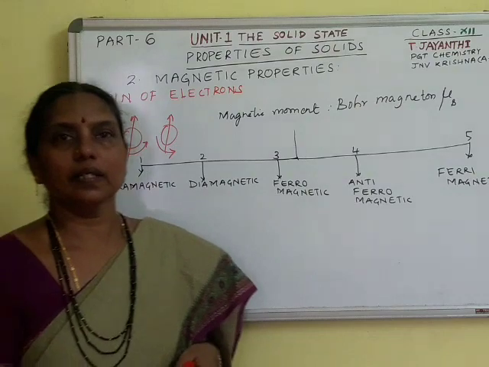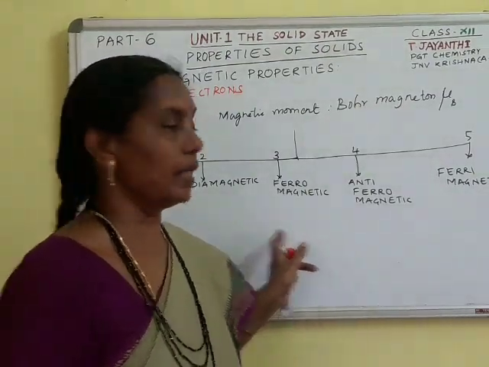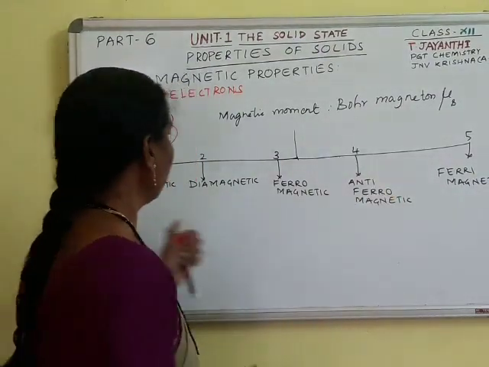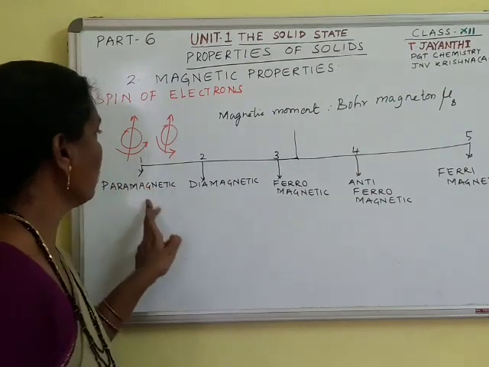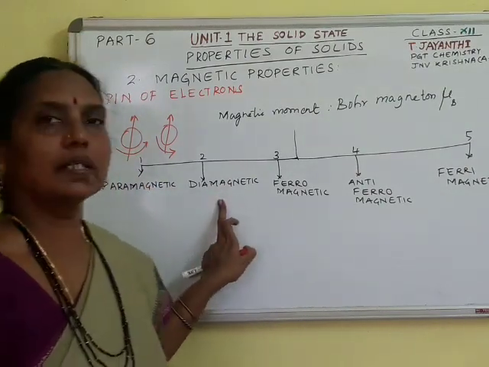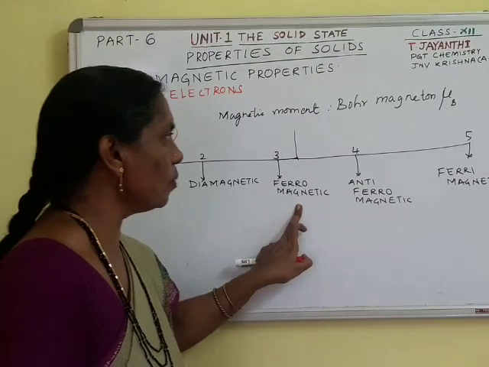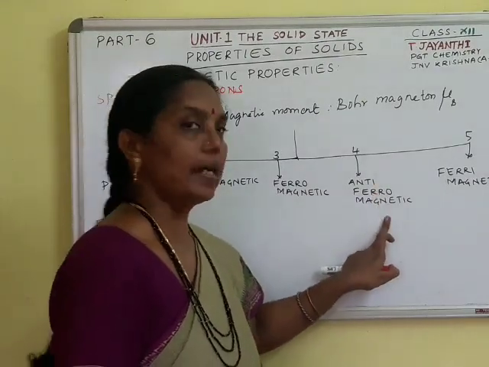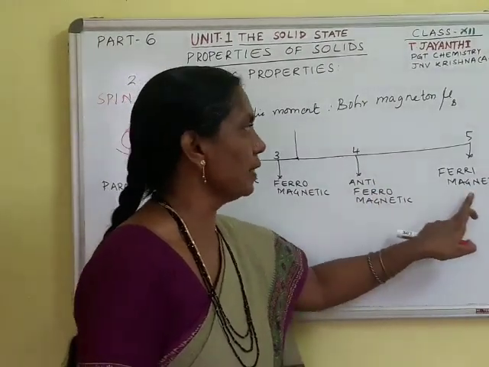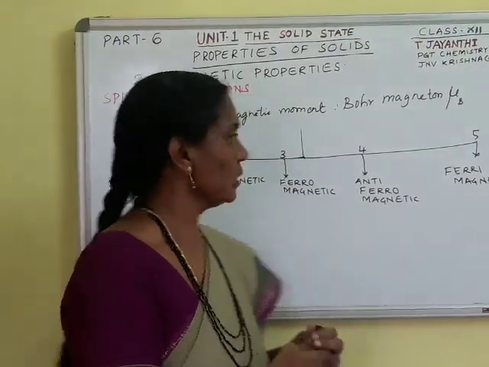Based on the attraction or repulsion towards the magnet, they are classified into 5 types of magnetic substances: paramagnetic substances, diamagnetic substances, ferromagnetic substances, antiferromagnetic substances, and ferrimagnetic substances.